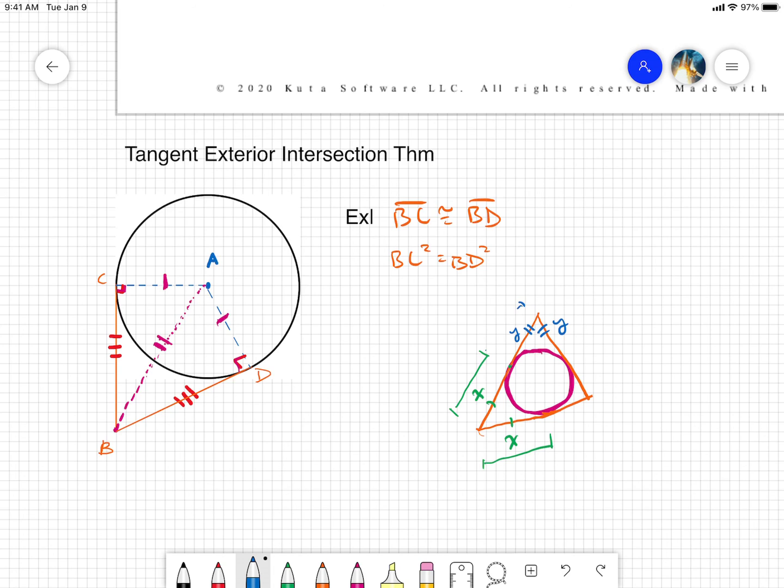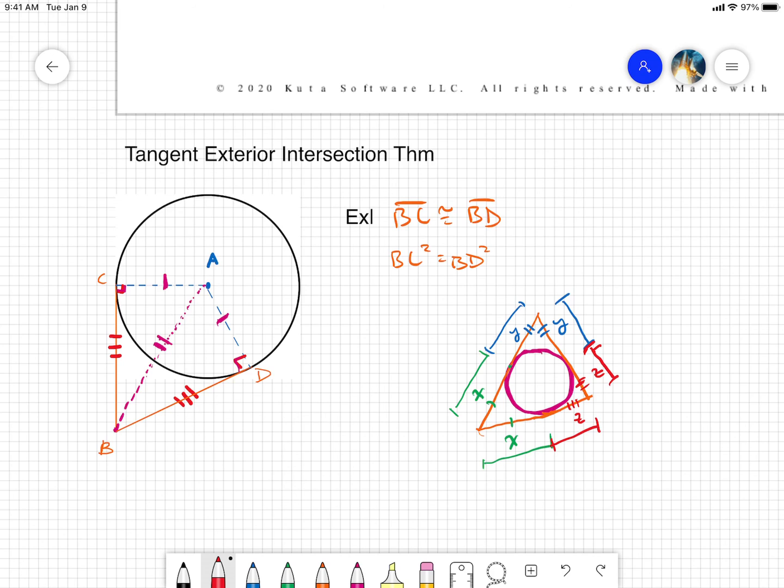Again, we're talking about this piece from the intersection to the point of tangency. And if this length is z, so is this length. And each of these pieces are congruent.